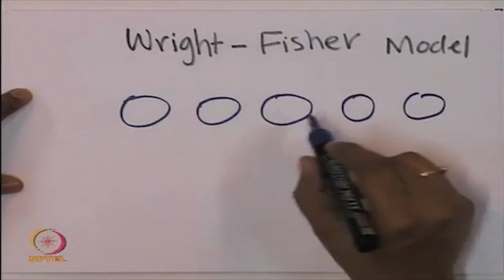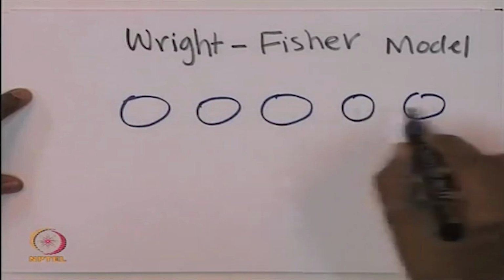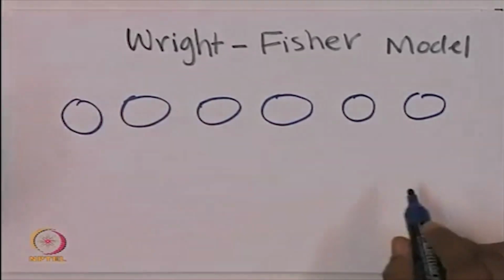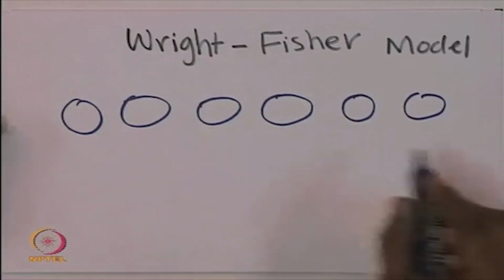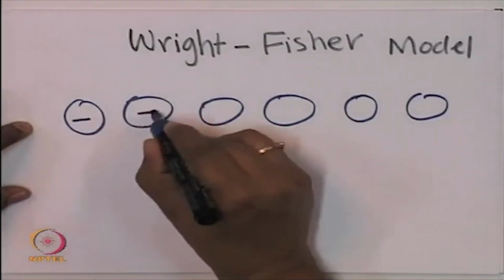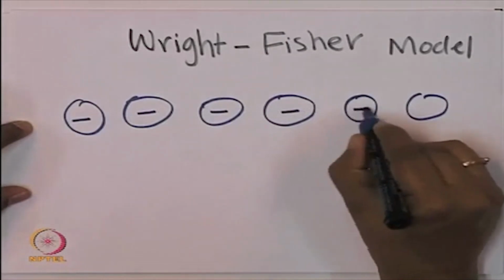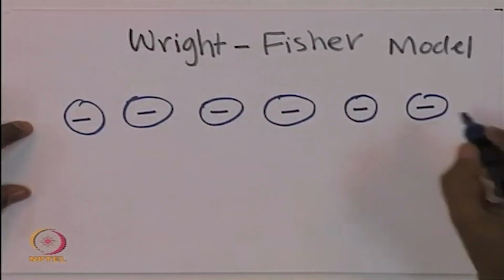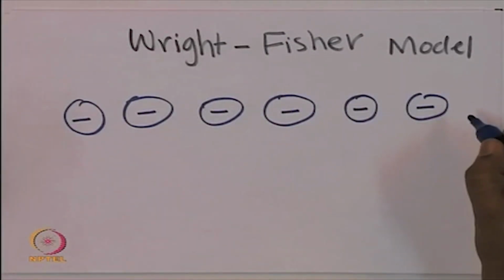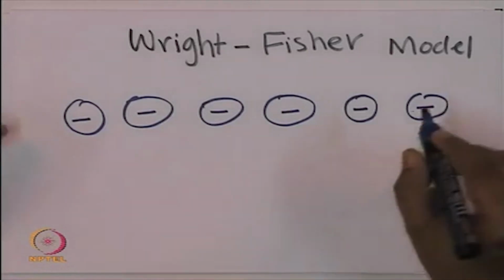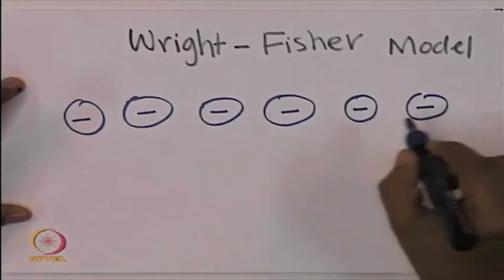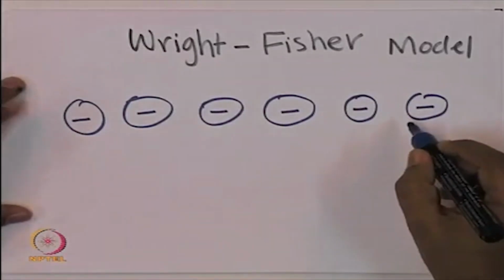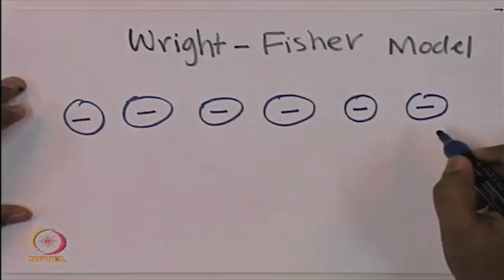In our case, this is 1, 2, 3, 4, 5, 6. Let us say there are 6 individuals, and let us assume that each of them has just one chromosome for simplicity. Such individuals are called haploid individuals. So there are 6 individuals, each of them having a single chromosome.